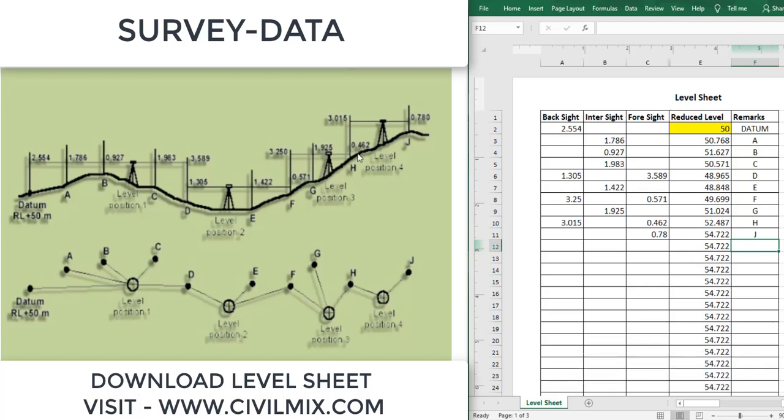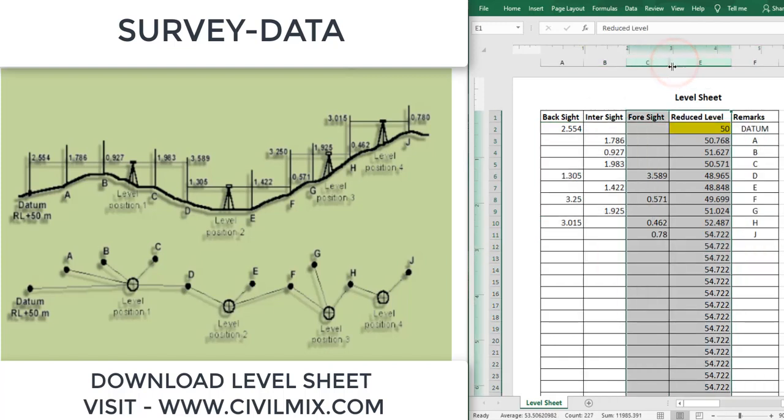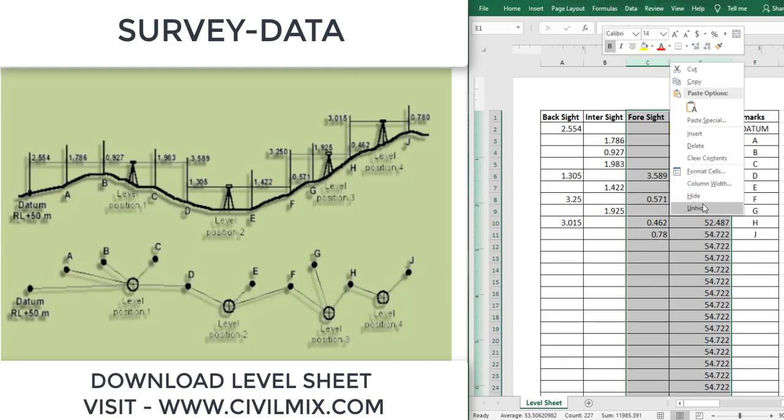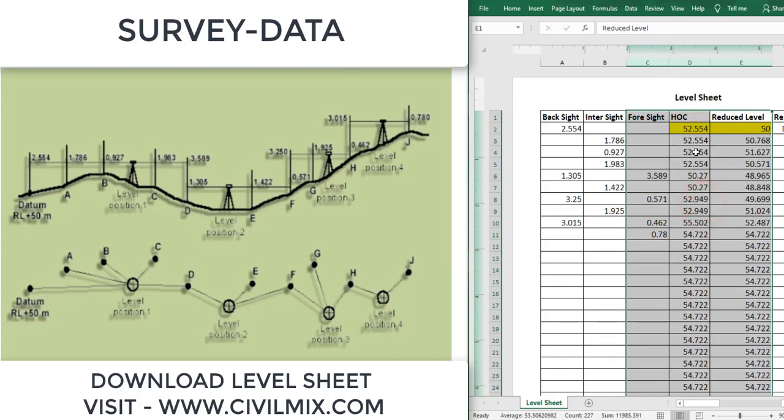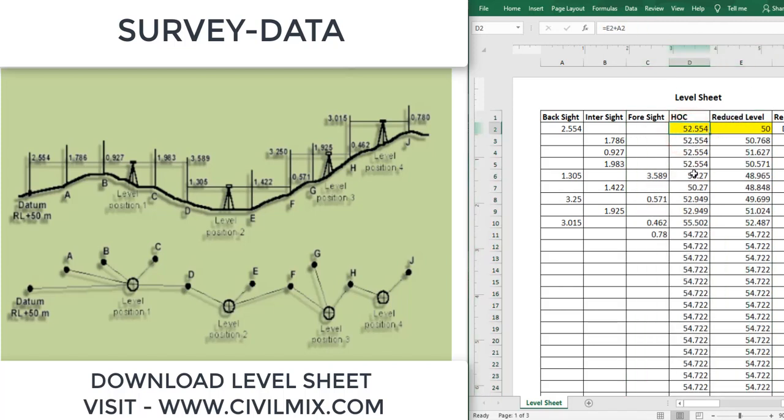Now we have already filled it and you have already calculated these reduced levels. You can see all the reduced levels here according to the staff positions that you need to calculate. This is very easy, and if you need to check the height of collimations, you can unhide this column and you can see all the height of collimations for all the stations.